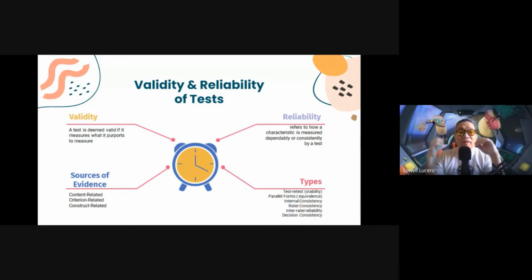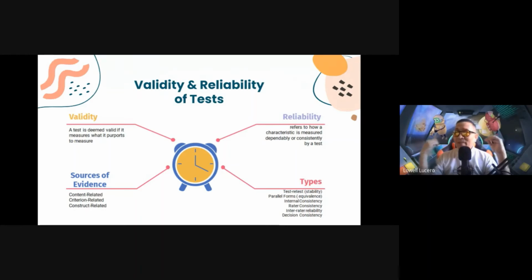The second type is equivalence, or what we call parallel forms. You give it only once, but you need to produce two forms of the same test. The same objective, but there is an item for A and an item for B. These two items are constructed differently, but they measure the same target.